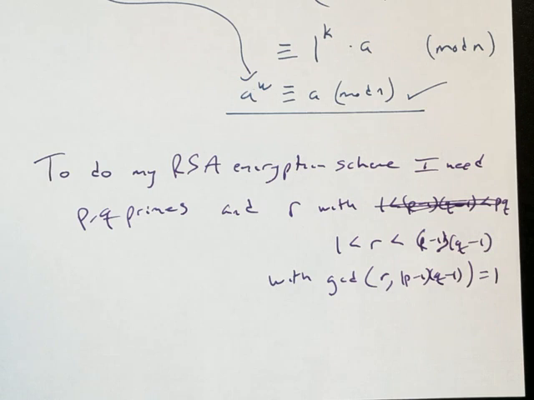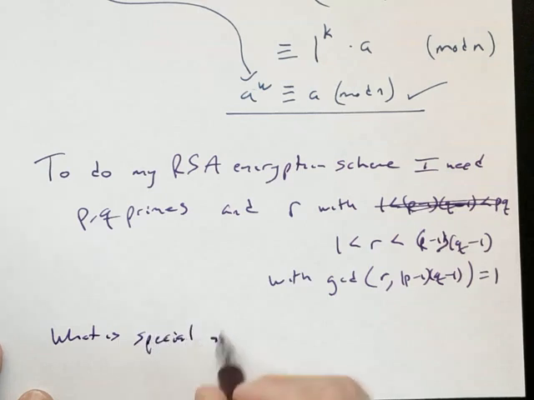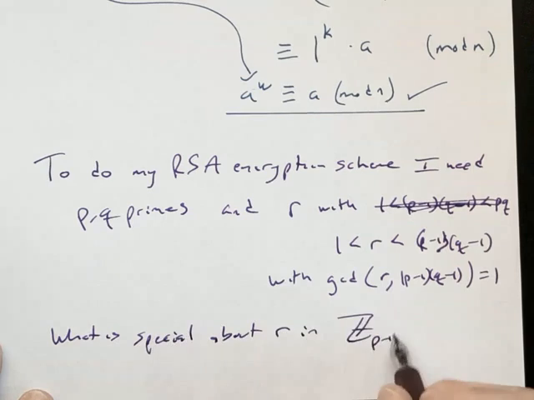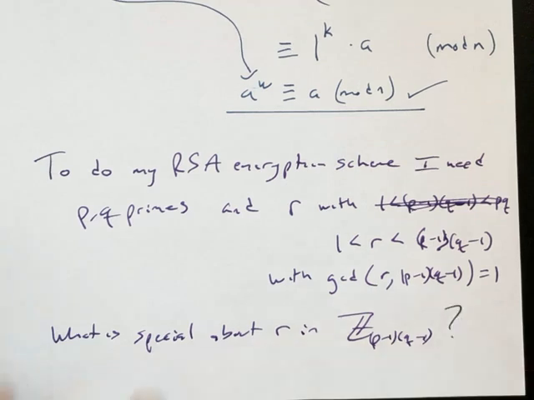What's special about r in the universe Z of p minus 1 times q minus 1? This is an abstract algebra question.